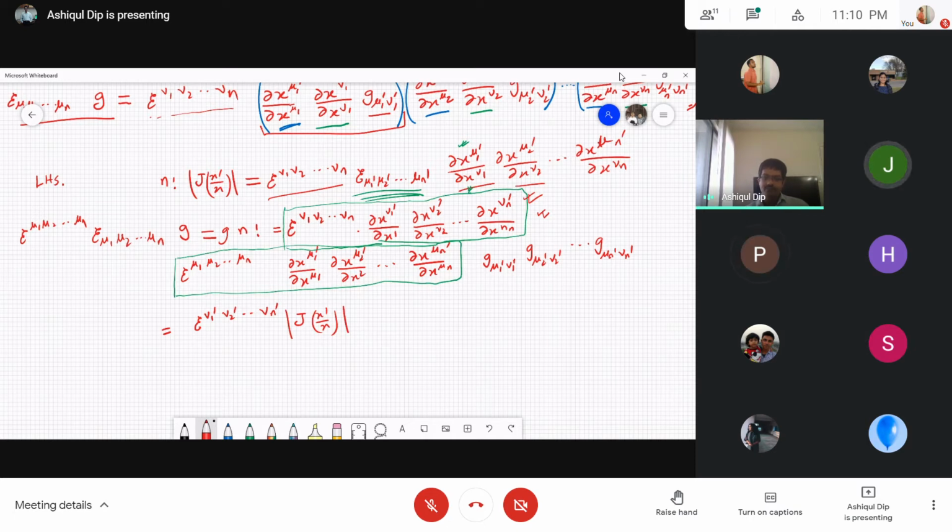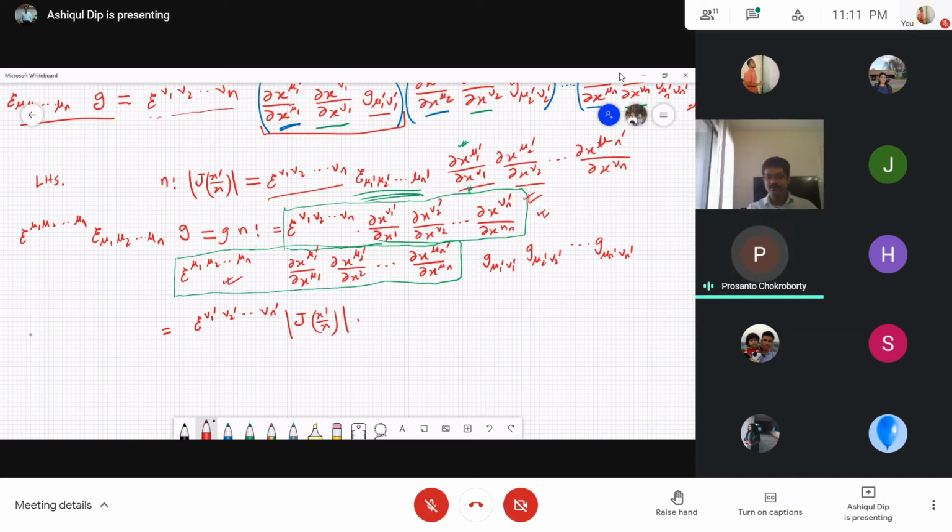Yes. This first green box is according to the definition of determinant itself, right? Then apply the same thing here as well. The second green box. What do you get?